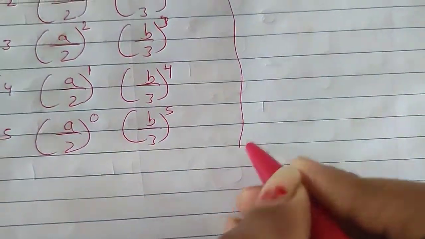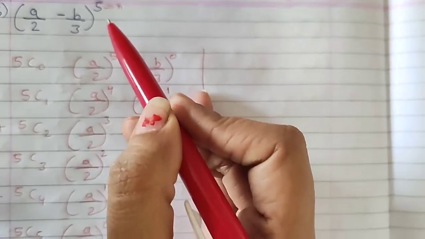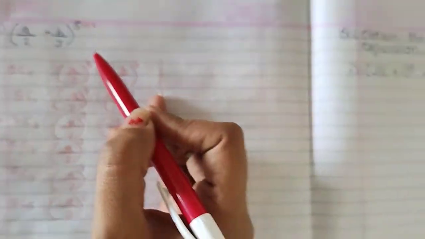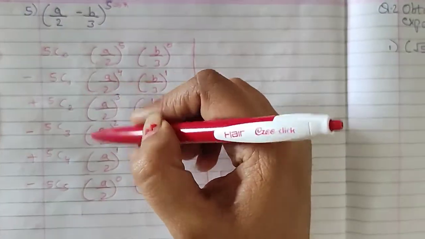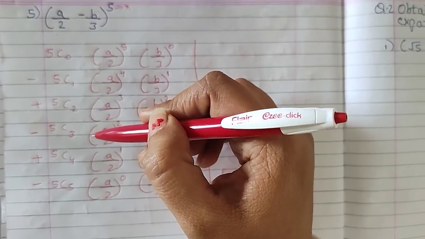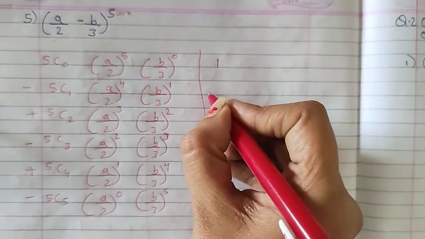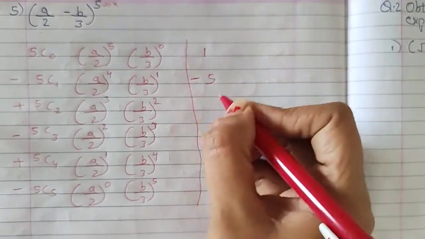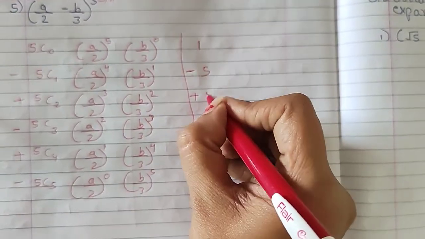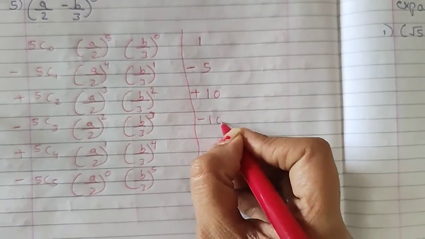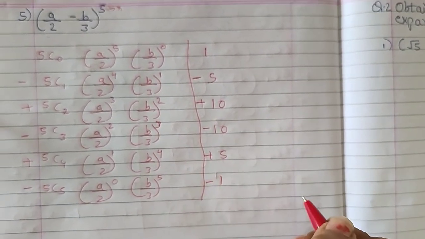Now we'll solve. So when n is equal to 5, so as per your Pascal's triangle, what will be the respective values or coefficients of this? That is 1, 5, 10, 10, 5, 1. So that we'll write down first. 1, 5, sign whatever it is there, same sign it will come. 10, 10, 5, 1.